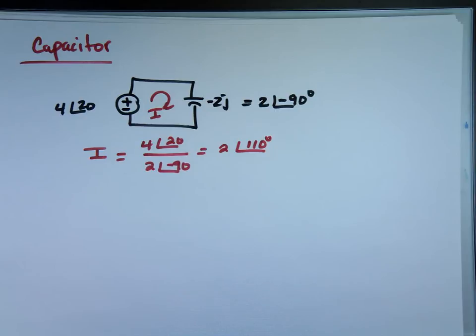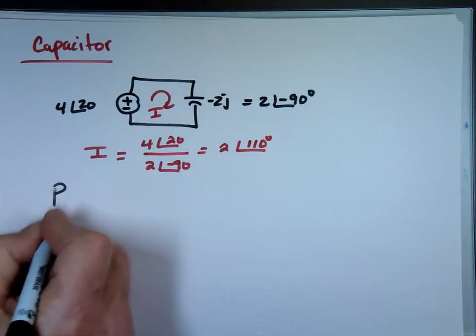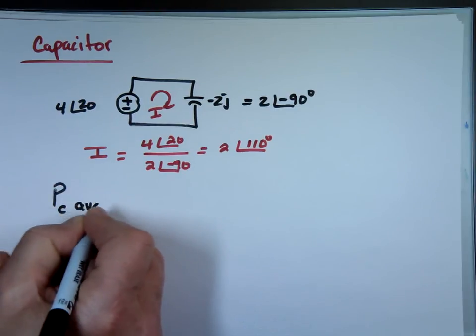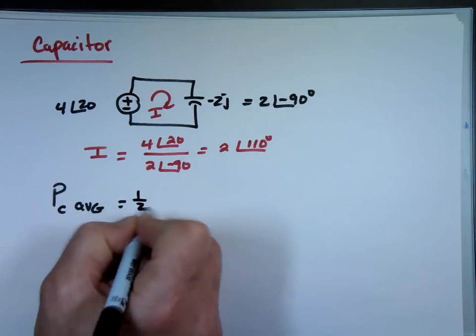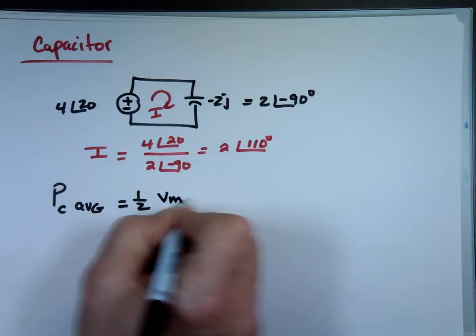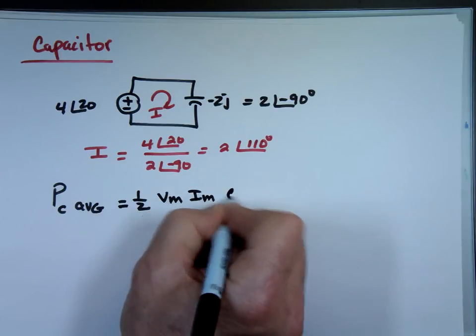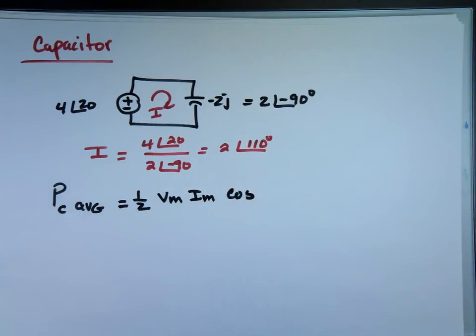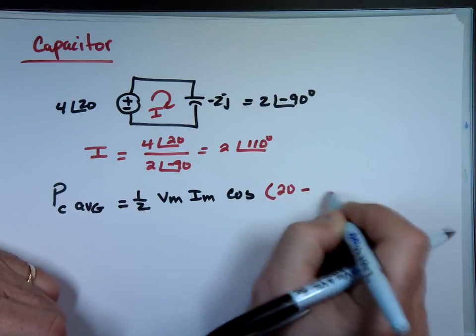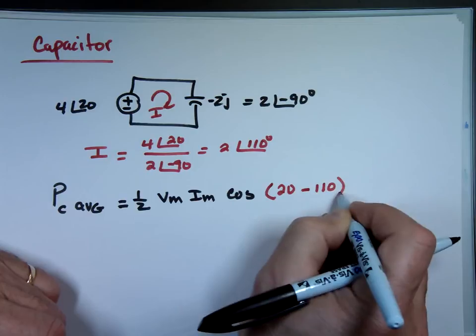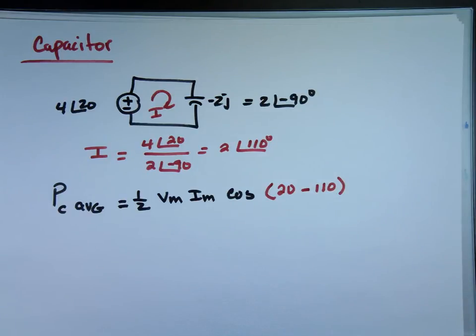P average for a capacitor, it's 1/2 V max, I sub max, cosine, here we go again, theta V. Theta V is what? 20 minus theta I, which is 110. 20 minus 110 is what?